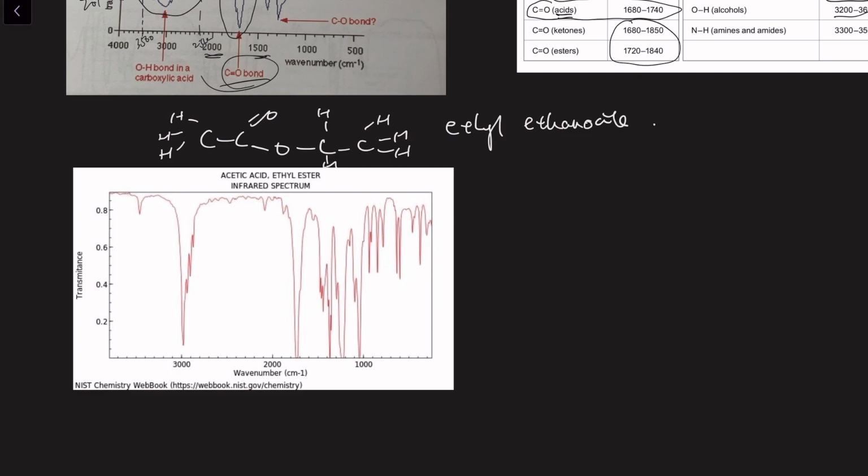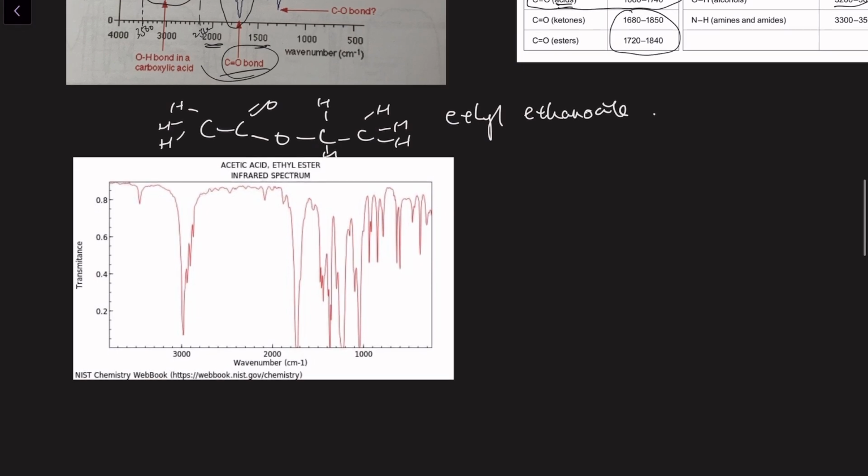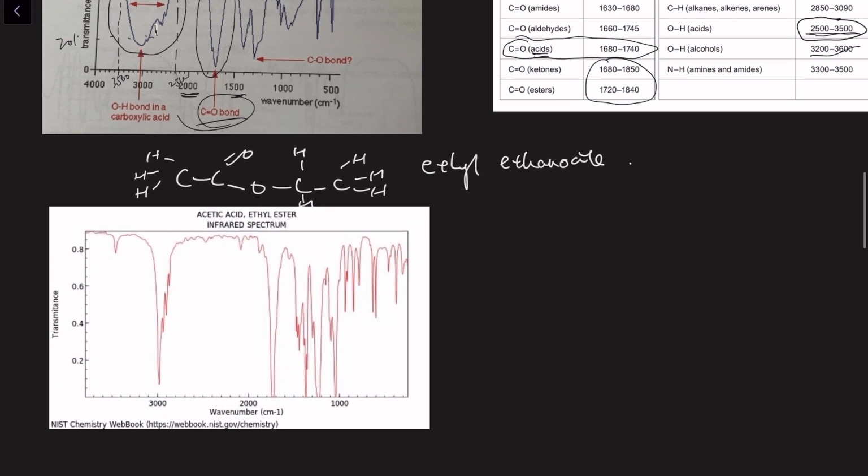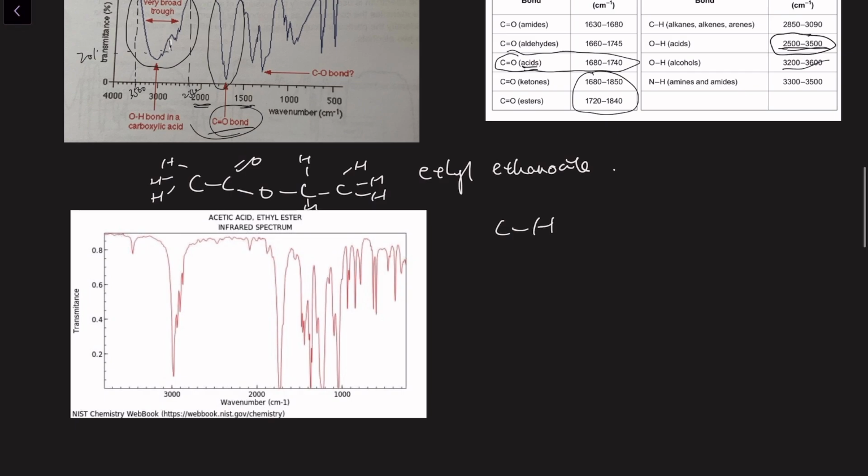So when we look at the absorption spectrum for ethyl ethanoate, something very interesting happens compared to the acid. So again, we have the C-H bond, we have the C=O double bond, and the C-O single bond.